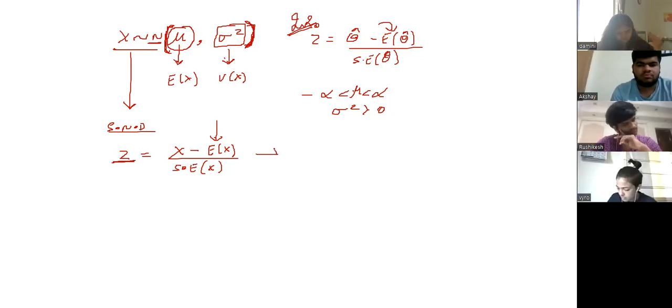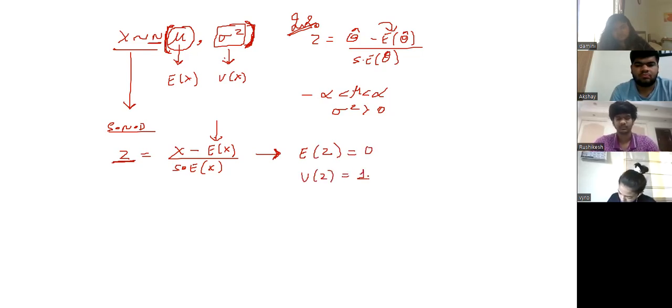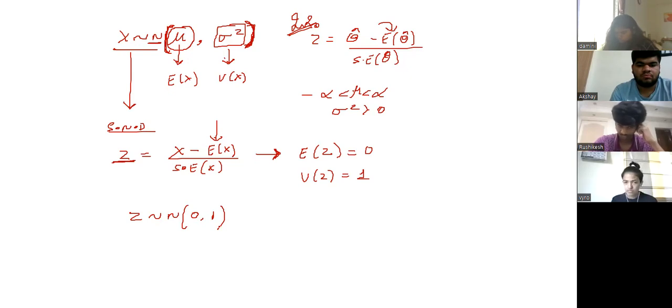In the case of standard normal distribution, your mean of z, that is expectation of z, is always equal to 0, and variance of z is always equal to 1, which means that z follows normal distribution with mean 0 and variance 1. Does that make sense? So why do we need to convert any normal distribution into standard normal distribution?